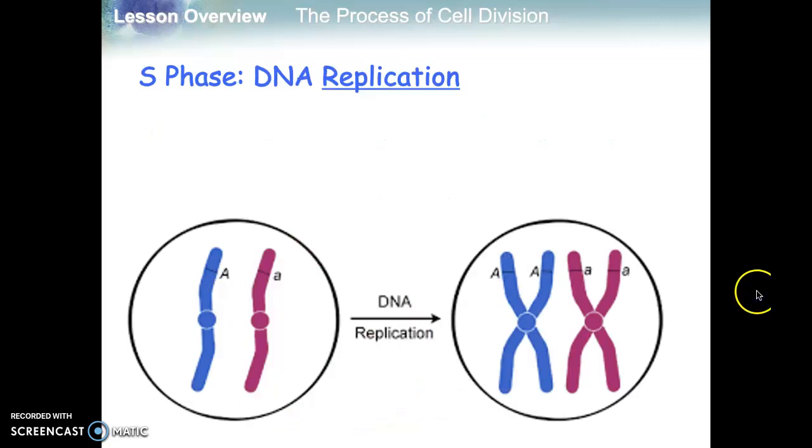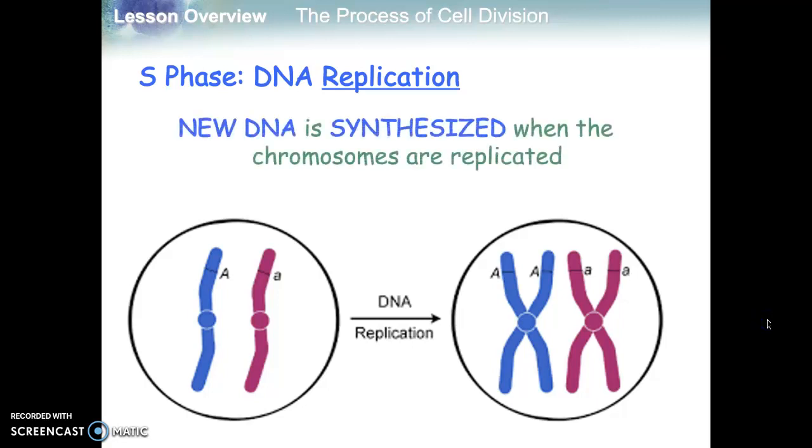From there, we go into the S phase. The S stands for synthesis. What we are synthesizing is DNA. We are making a copy of the chromosomes. This process is called replication. When this happens, we end up with chromosomes consisting of 2 chromatids.